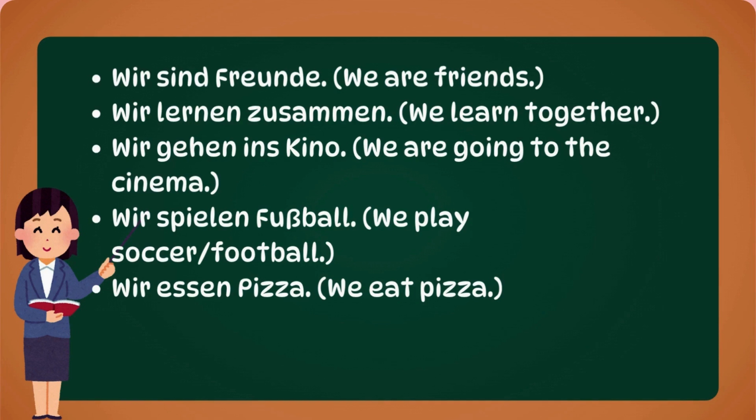Wir gehen ins Kino, which means we are going to the cinema. Example number 4. Wir spielen Fußball, which means we play soccer or football. Example number 5. Wir essen Pizza, which means we eat pizza.